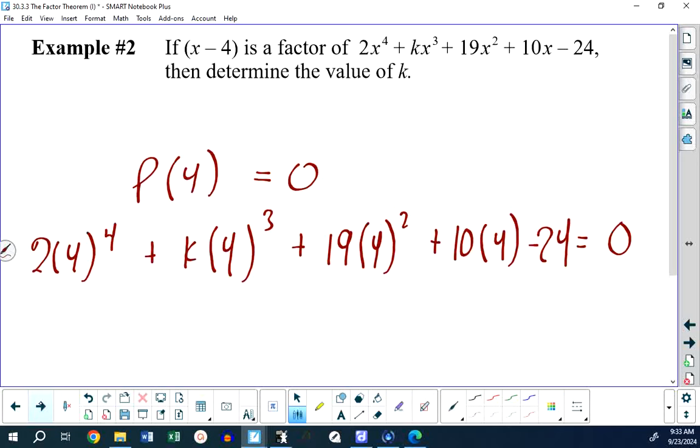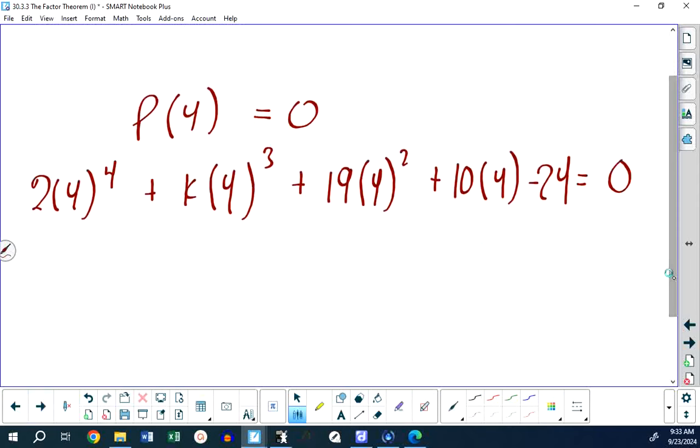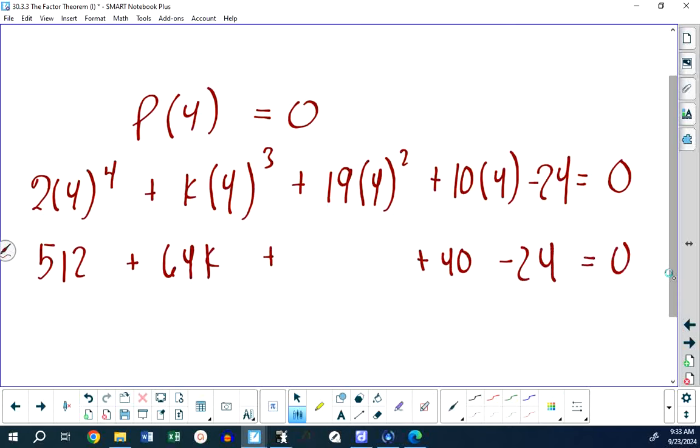So I'm going to do some mental math here. You've got calculators. I want you to double check to make sure that the numbers I'm writing down are correct. Can somebody figure out what 19 times 4 squared is?